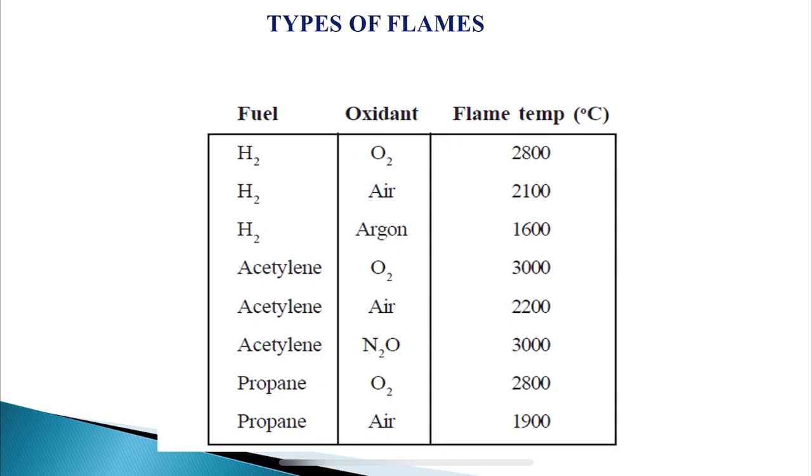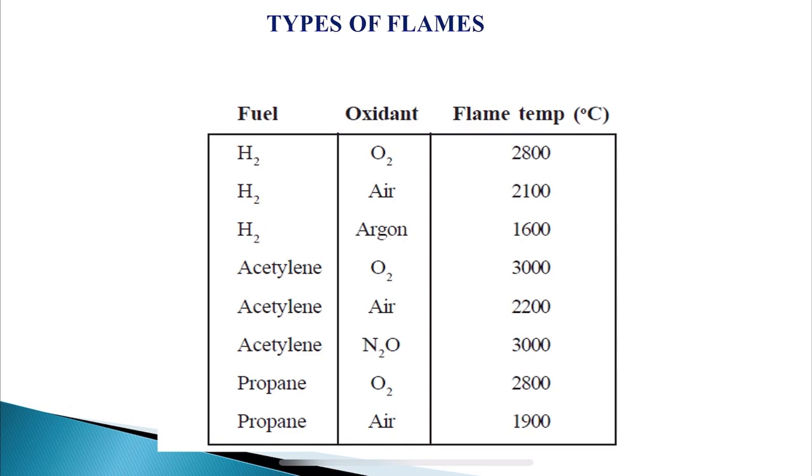For example, if sodium is present in the given sample, the emitted wavelength of sodium will be 589 nanometer and the flame color will be yellow. If sodium is present in the given solution, then the flame looks yellow, and if potassium is present, then the respective wavelength of potassium is 766 nanometer and the flame color will be violet.